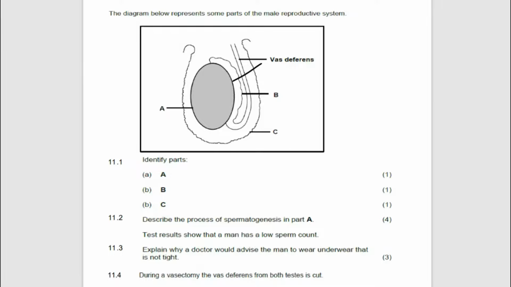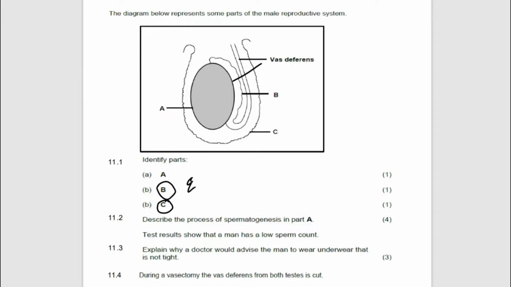So now let's label based on the question. Part A, we have seen it is testis. Part B, we have seen it is epididymis. And then part C, we have seen that it is scrotum.